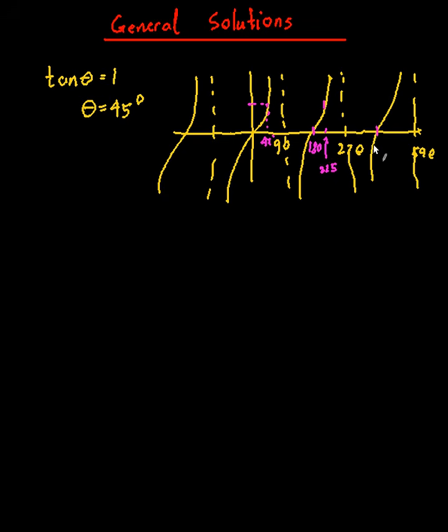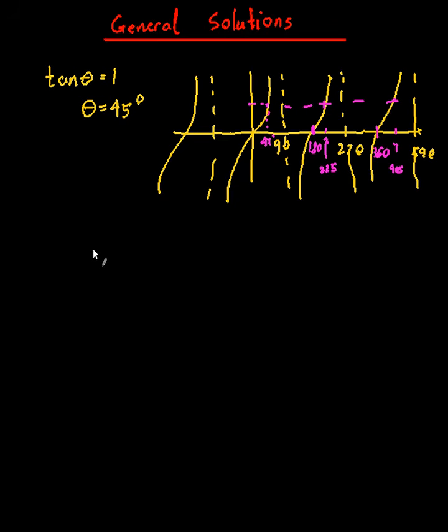And then the next position is 360, and that plus 45 should make it 405, and so on. This is actually going to go on forever. But what you'll notice is that it's always a multiple of 180 plus 45 degrees, right?